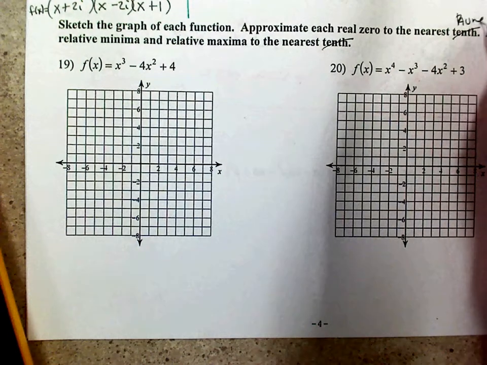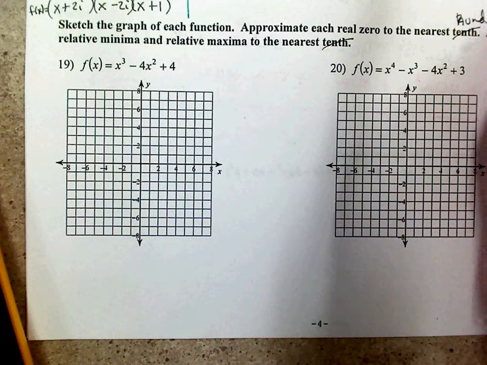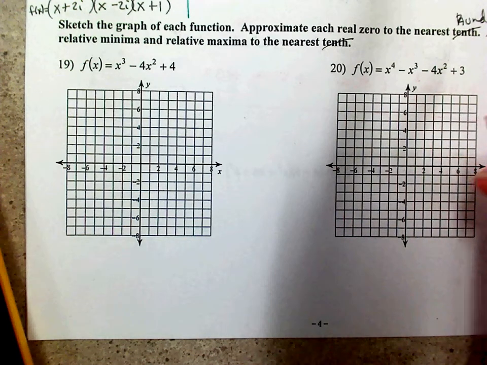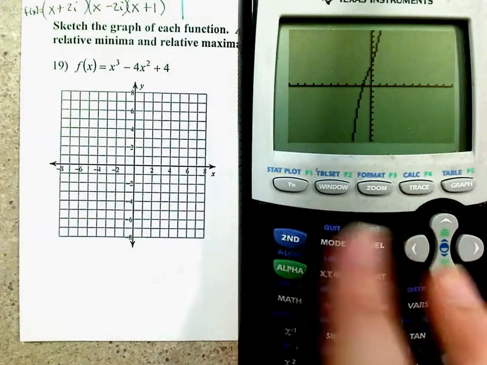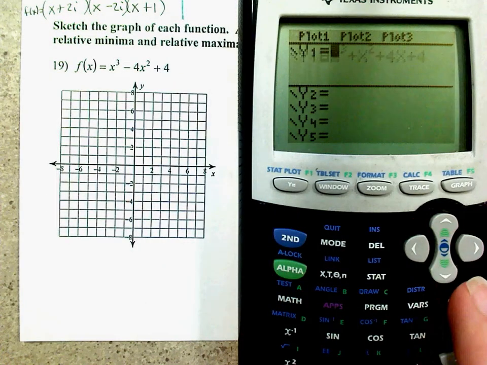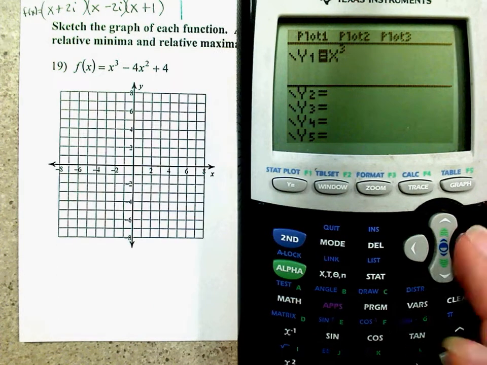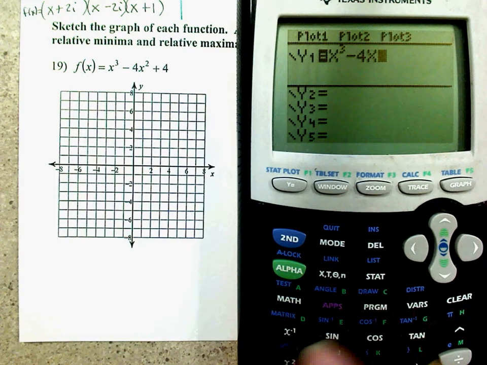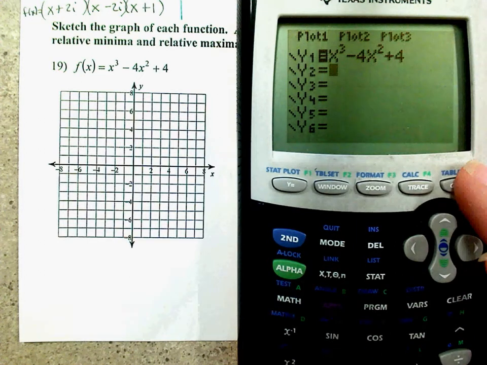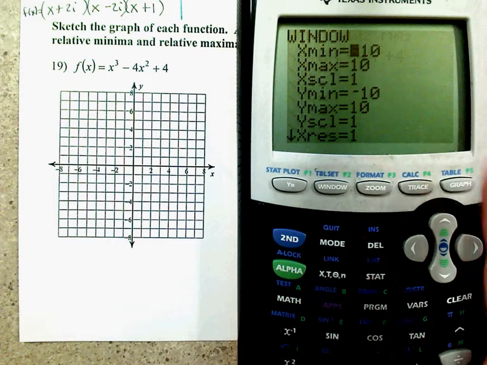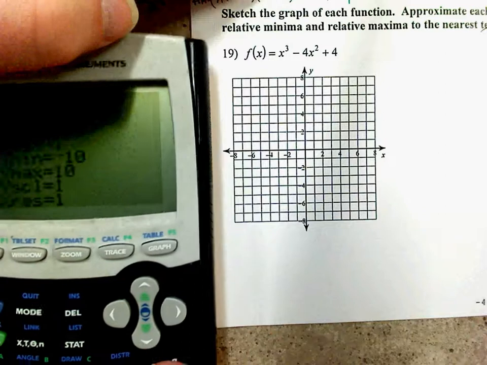So y equals x cubed minus 4x squared plus 4. Okay, shall we be on the same window they're on? Okay, their window is what? Okay, so 8 to 8s. So -8 to 8, -8 to 8.